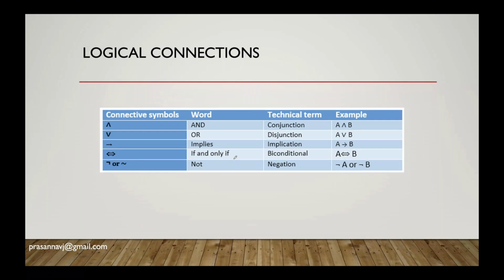We have seen and, or, implies, which represents A implies B. If and only if A, if and only if B, or not, all these are negation operations. These are some of the logical connectors that we use in the propositions as such.